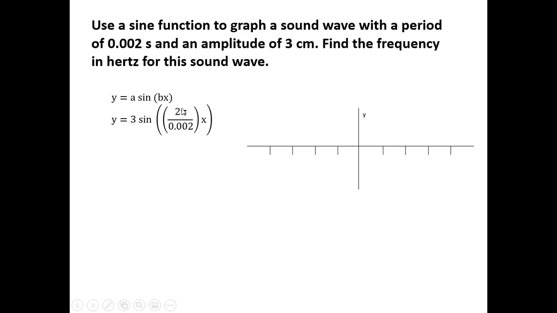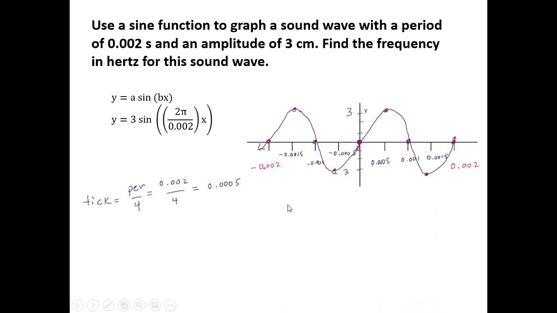My period is 2 pi divided by b, so my b is 2 pi divided by 0.002. So the tick mark is going to be every 0.0005. So 0.0005, 0.001, 0.0015, 0.002. Okay. And then my amplitude is 3.